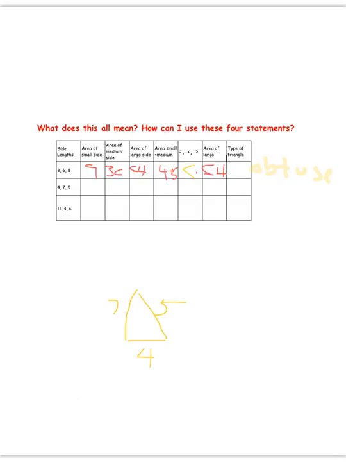Let's look at the areas here. 16, 25 is my medium side, and the big side is 49.